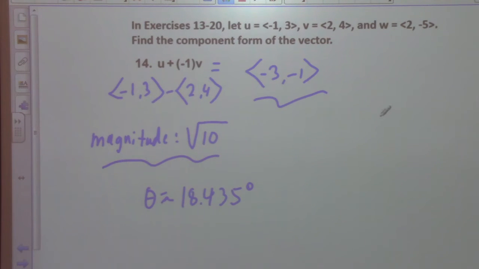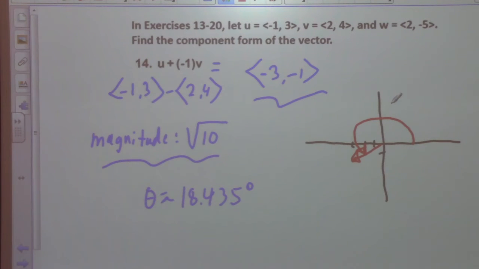Let's talk about this. No, it's not. So we're talking about -3, -1, right? So here's -3, and here's -1. So we're talking about this vector right here. We need to have this angle here.